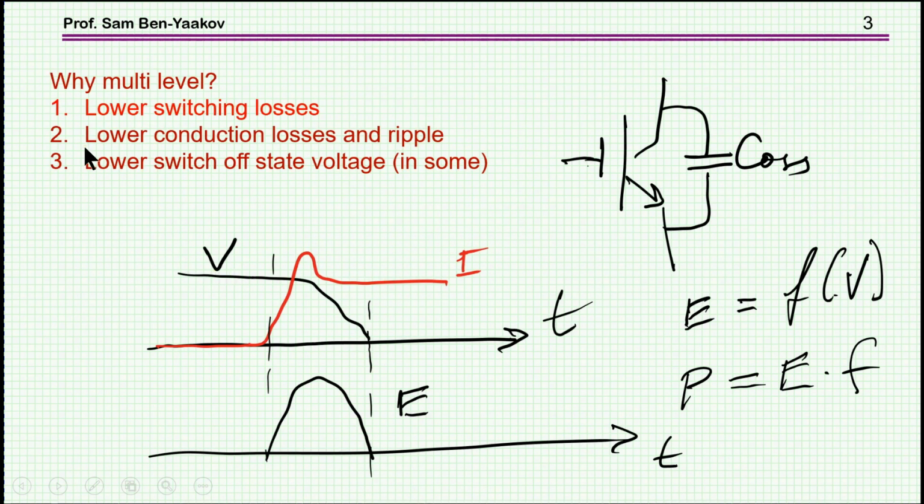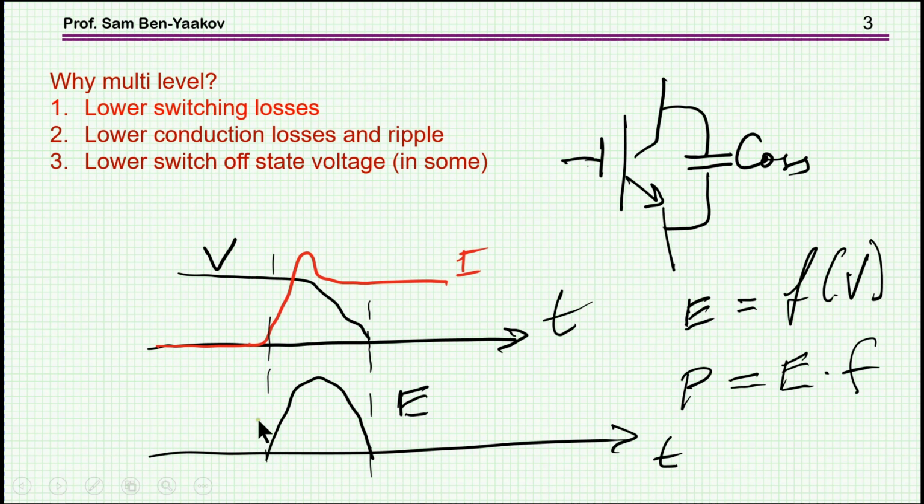So the lower switching losses stem from the fact that we have a situation in which the voltage on the device, here shown as an IGBT, is lower than the corresponding topology. We know that switching losses are mainly due to the overlap between the voltage and the current.